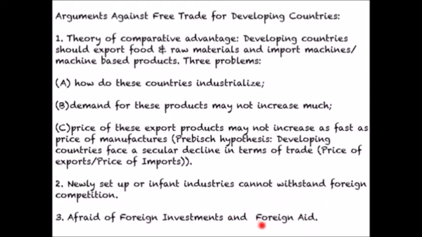So these were the arguments which were advocated by economists, and this seemed to be the dominant feeling in terms of the role of foreign trade in aiding economic development for these developing countries.